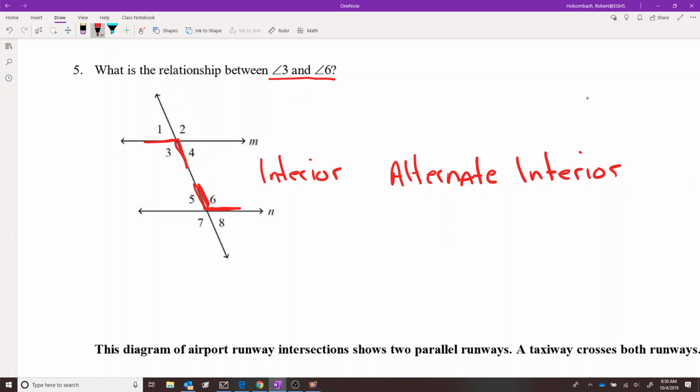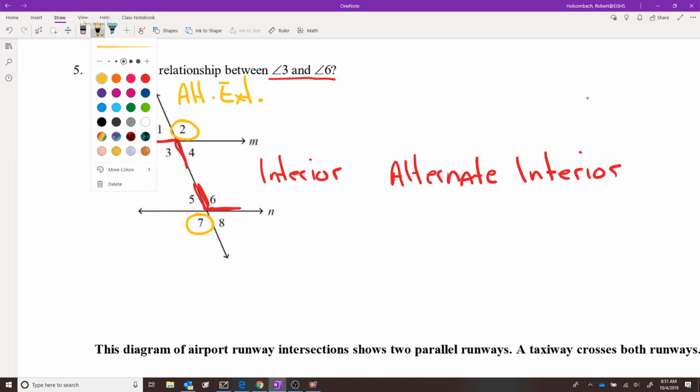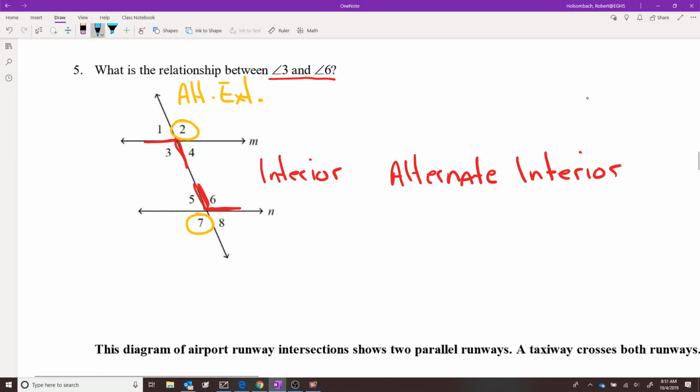While we're here, let's just cover, what about angle 2 and angle 7? What are those called? Those are called alternate exterior. Okay, 2 and 7 are alternate exterior. And then let's do one more quick review.